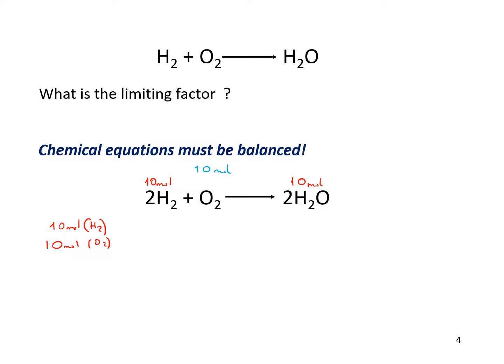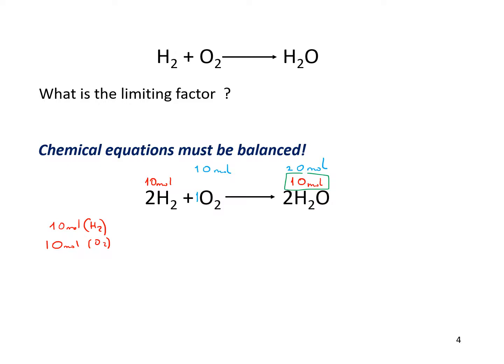All right, now you forget about this for a moment, you leave that aside. Then you do another calculation based on the oxygen. So I'm going to put 10 here. Based on the 10 moles, I just put it a bit higher so I can put two numbers here. 10 moles of oxygen are going to produce, the ratio now is 1:2. So this time I'm going to have 20 moles of product.